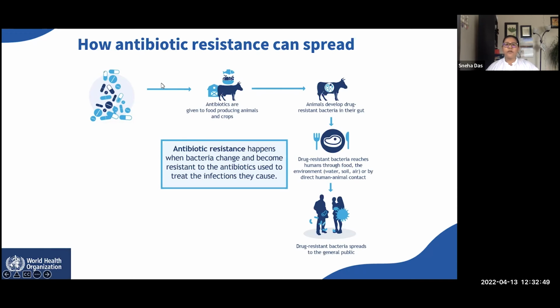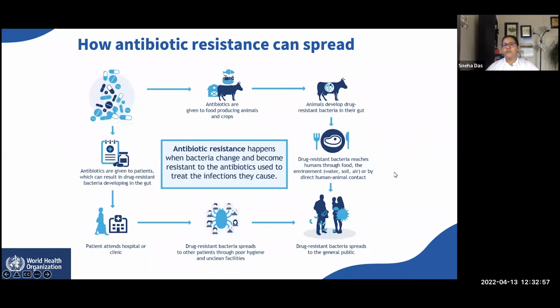So while livestock is one method by which these antimicrobial resistant bugs can enter our environment, the other route is through us humans. So say a patient has been prescribed an antibiotic, and for whatever reason, they happen to develop some drug-resistant bacteria.